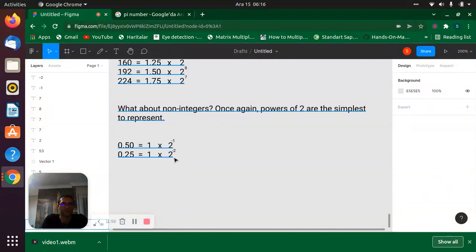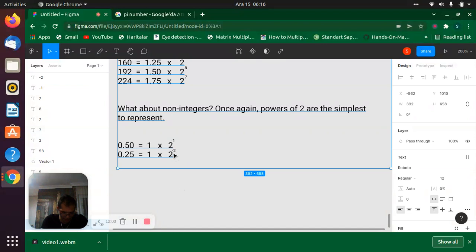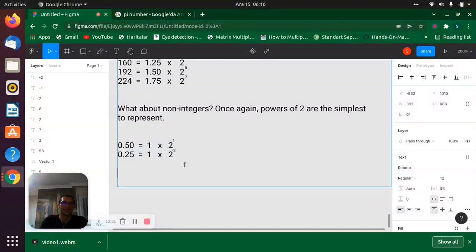Okay, this one is amazing. Now, I told you 1 divided by 4 is already 0.25. 1 times 0.25 is already 0.25. We can represent 0.25 like that. We can represent 0.50 like 1 times 2 to the power of minus 1, like that.